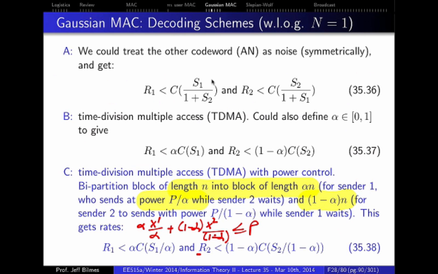It doesn't do anything. Then for the second block, we send at power P over 1 minus alpha. So whoever gets a shorter time length gets to send at a bigger power, and you still achieve the overall power constraint. And so what we end up getting is a rate region which corresponds to this.